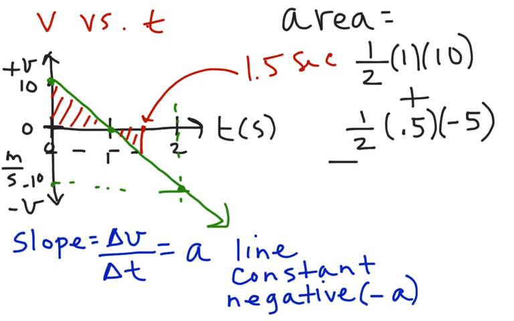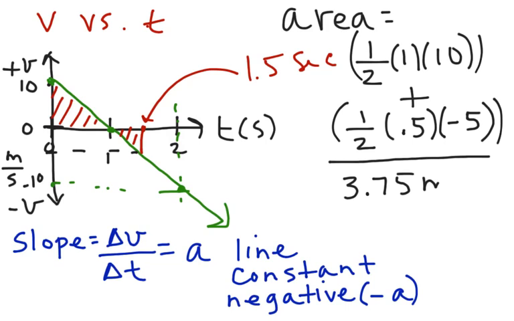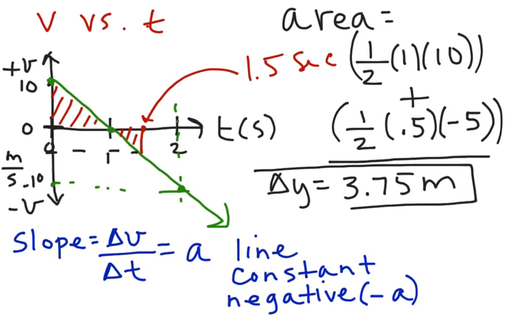And so when I add those, first of course I get these two answers, and then I add them, I will end up getting a positive 3.75 meters. This is going to be my displacement, otherwise referred to as my delta y, or 3.75 meters above my hand.